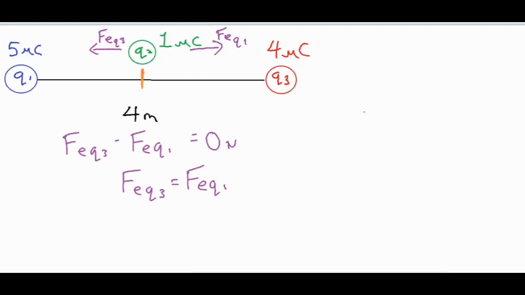We can say that this distance from Q2 to Q3 is x, which means this distance over here must be 4 minus x. There's a lot of variations you could use of that. You could have called this one x and then this one 4 minus x and so on. So let's set up our two Coulomb's laws equal to each other and see what we can get from there.